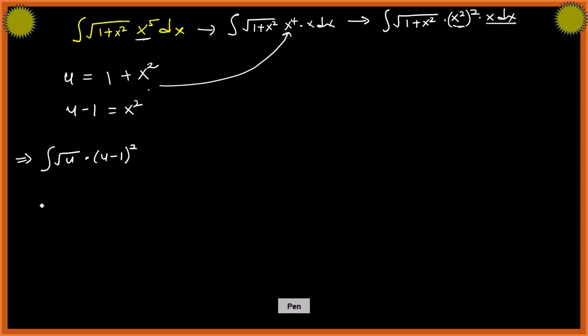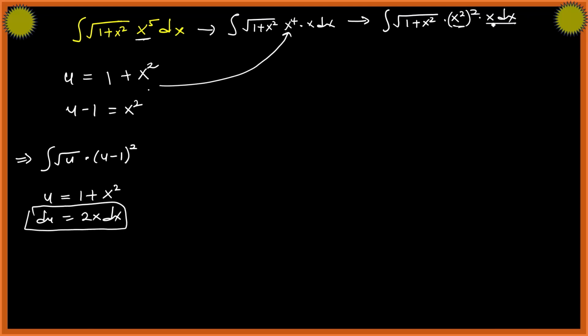Here we have u as 1 plus x squared, so my du will be 2x dx. Let's observe this well.